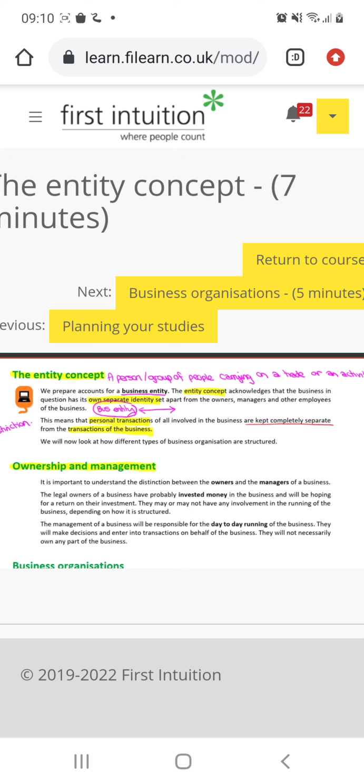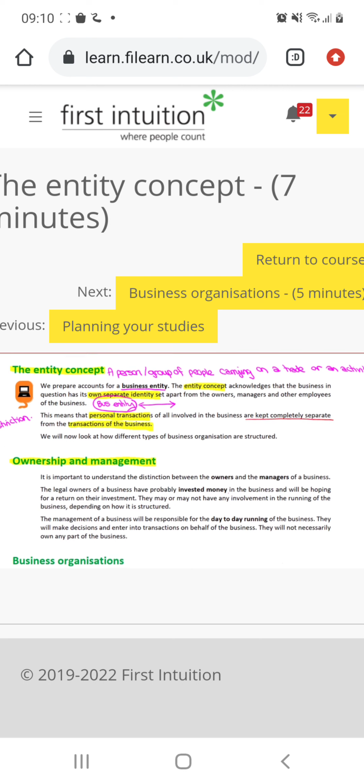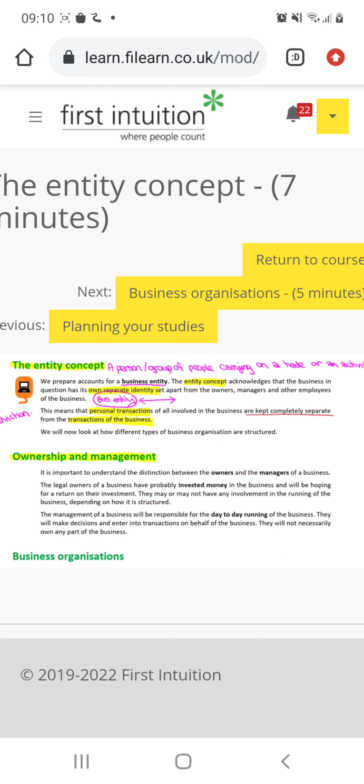We'll now look at how different types of business organisation are structured. And before we do that, we need to understand the distinction between ownership and management. It says in the notes here it's important to understand the distinction. The legal owners of a business, also called the members or the shareholders, will have invested money into the business.